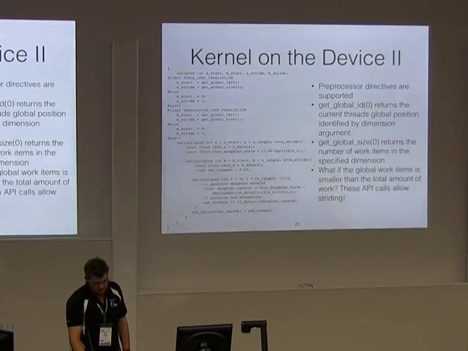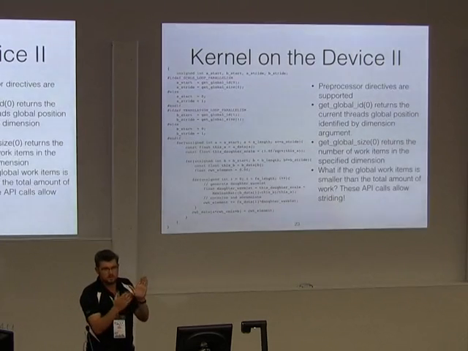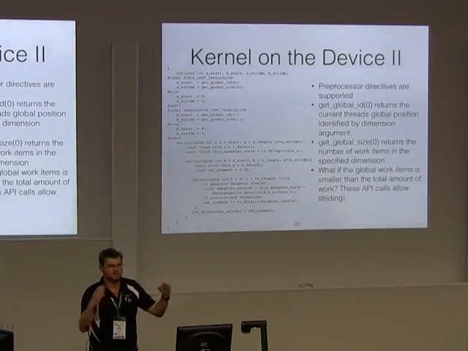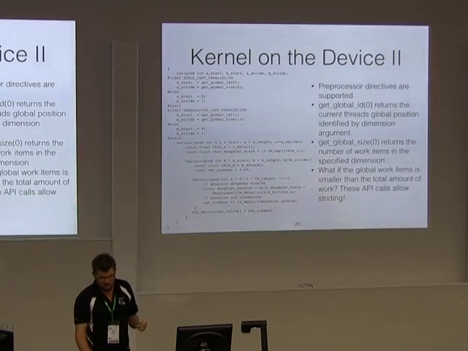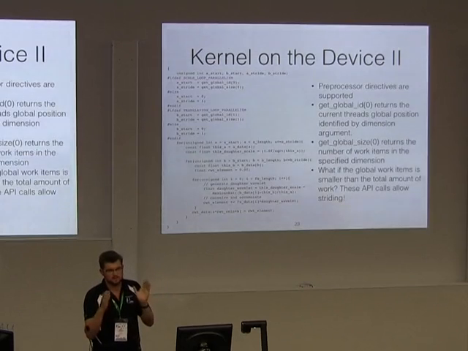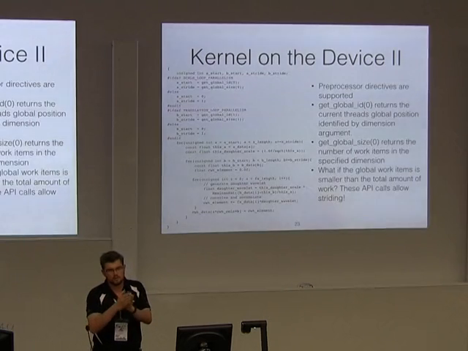Also get global size, with the dimensional argument, specifies how many threads or work items are supposed to be running in this work group. This works well in our CPU code because, from that example, there are 4 threads, so get global size 0 would return 4, and we're striding by 4 every time.